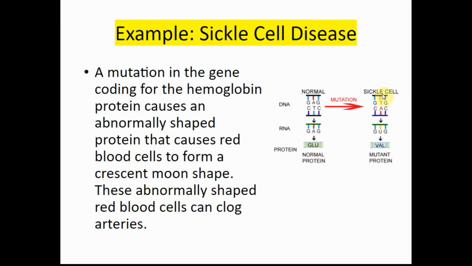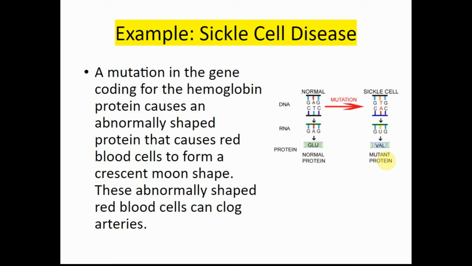However, with the sickle cell mutation, we have a T instead of an A on this top DNA strand, which means we're going to have an A instead of a T on the bottom one. Our codon on the mRNA will now be GUG. And we're going to end up with a different amino acid in the protein. So we have valine instead of glutamic acid.